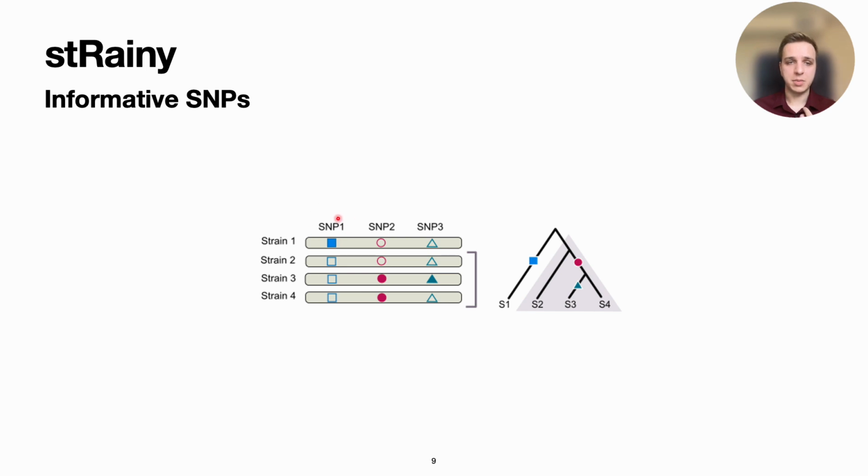Looking at SNP 1 here, the two non-empty sets it creates are strain 1 versus strains 2, 3, and 4, because we observe this SNP in strain 1, but not the other 3 strains, and different subsets will be created for SNP 2 and SNP 3. Informative SNPs can also indicate phylogenetic relationships between different strains, and the corresponding phylogenetic relationship for these 4 strains based on these 3 SNPs is given in this phylogenetic tree.